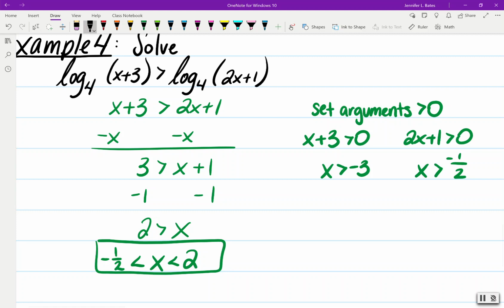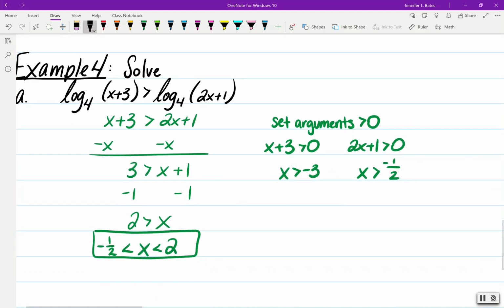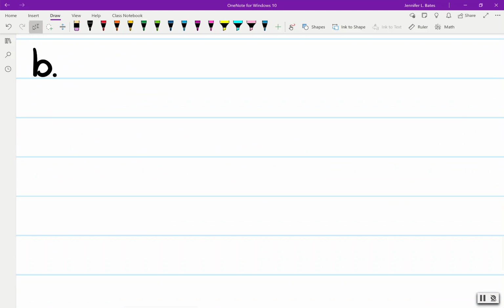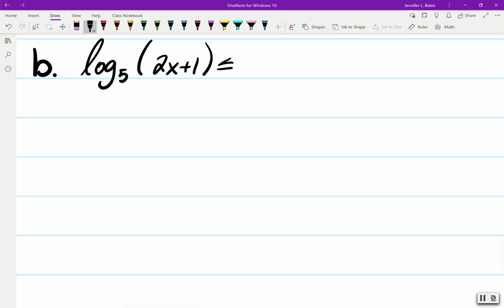Now, let's try another one. Sometimes this is a little confusing. We'll call this example B. In example B, we're given log base 5 of 2x plus 1 is less than or equal to log base 5 of x plus 4.